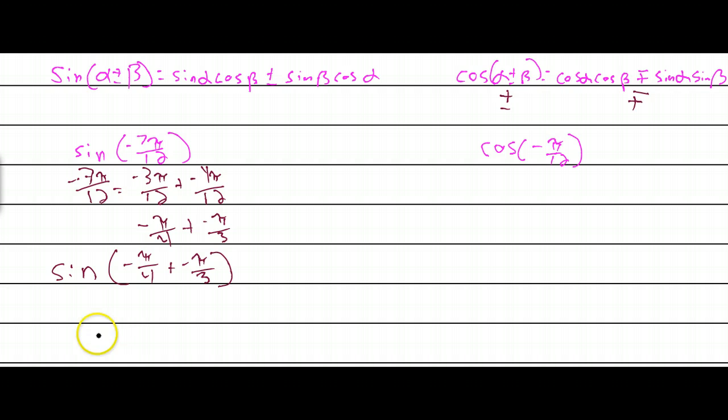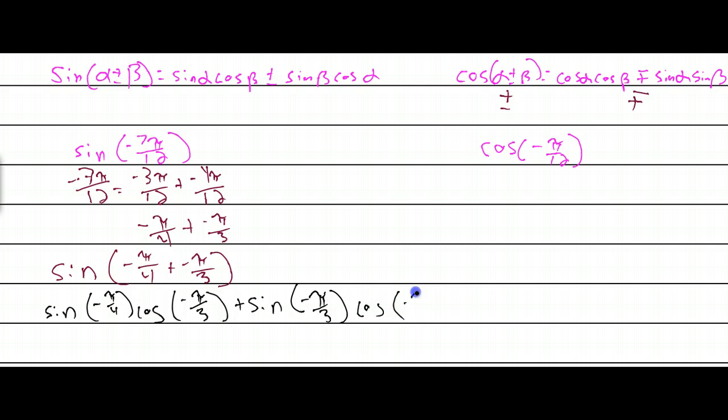So we know it's going to be sine of negative π over 4 times cosine of negative π over 3 plus sine of, so now since it goes alpha to beta, this is alpha, this is beta, so now we're going to do beta, so we do negative π over 3 times cosine of negative π over 4.